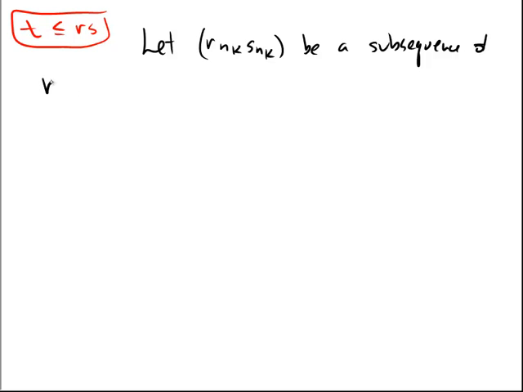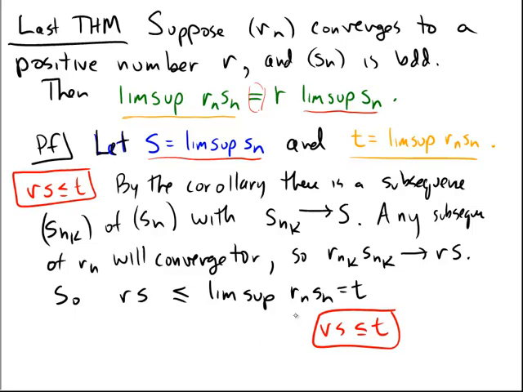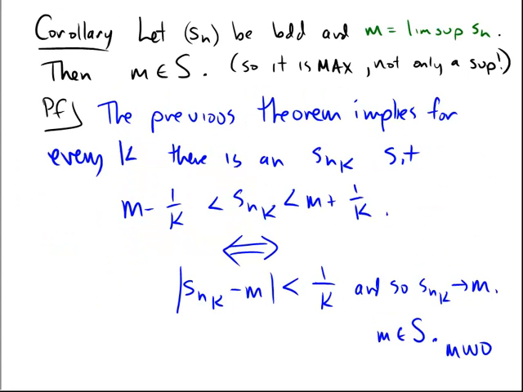Halfway there, T now needs to be less than or equal to r times S. Okay, so let Rnk Snk be a subsequence of Rn Sn that converges to T. Remember that T was the limit superior of Rn Sn, and we know that the limit superior of Rn Sn is an actual subsequential limit because we showed that in this corollary.